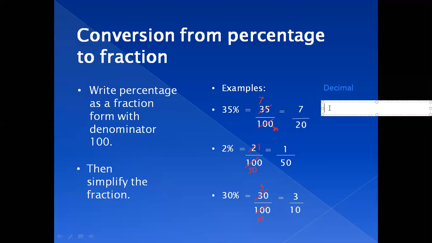The rule is same, 35 upon 100. And then for converting a percentage to a decimal number, it is just to move the decimal point twice backwards. And so the answer will be 0.35.